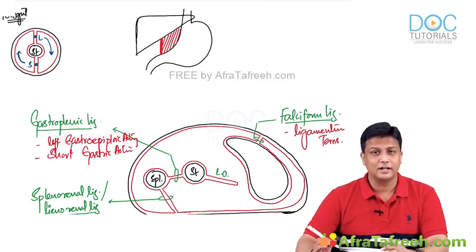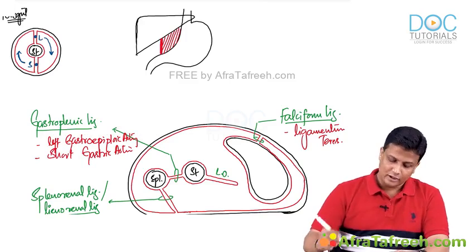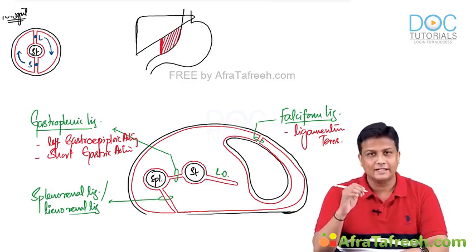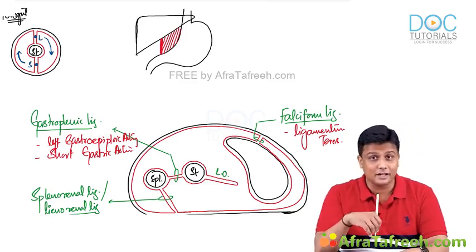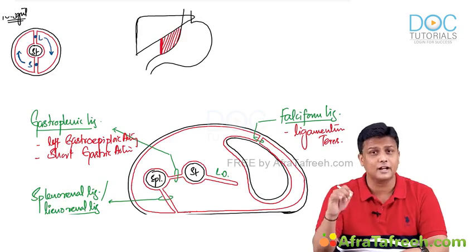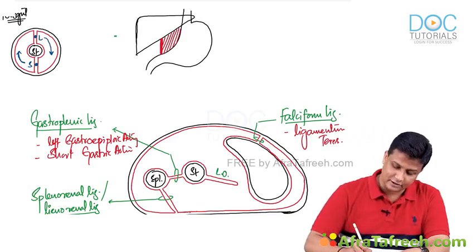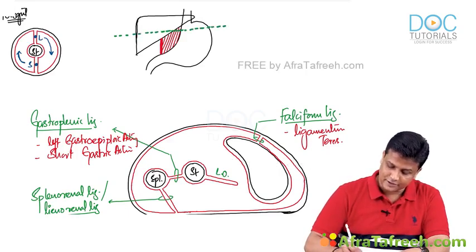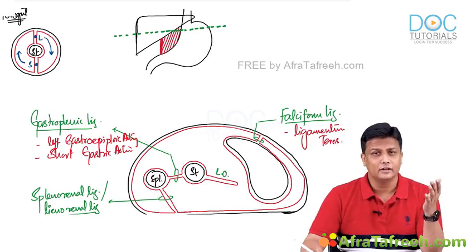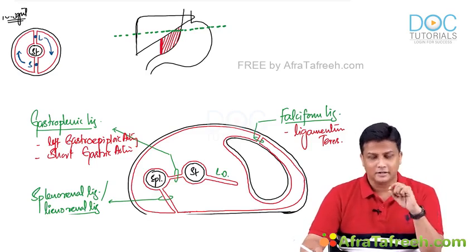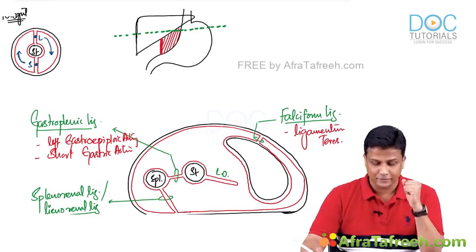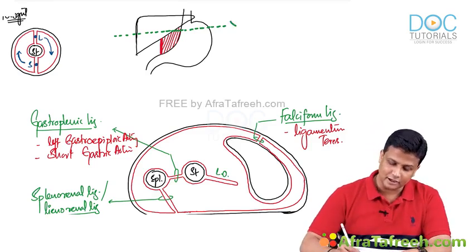And at other places, you can clearly see it is attached. Now, it's all about taking the transverse section at which level. We have to understand at which level we are taking the transverse section here. Suppose I take a transverse section at this level. On one side, I am able to observe the liver, on the other side I have the stomach, and between the liver and the stomach there will be omentum, and the omentum will be attached. But I am not taking the section at this level.